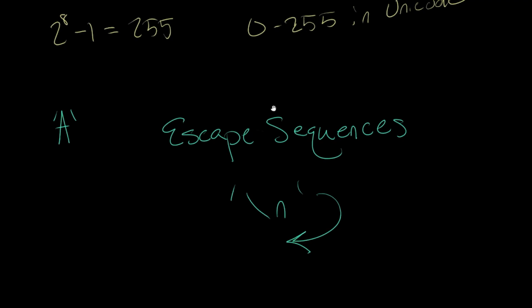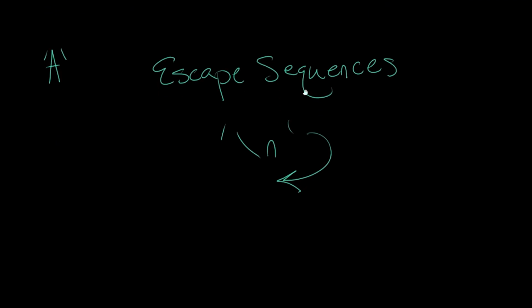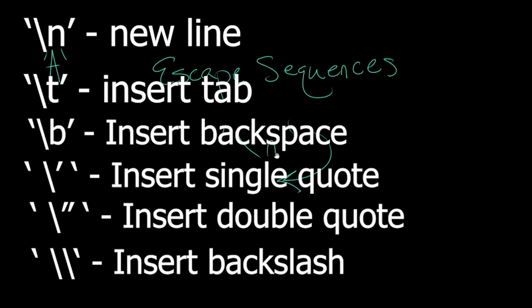Now, to contradict myself somewhat, we have these things called escape sequences. Escape sequences are just backslashes with a certain letter. There are multiple escape sequences in any given programming language, and these are shorthand ways of telling the computer how to do special commands, like go to a new line or insert a tab.